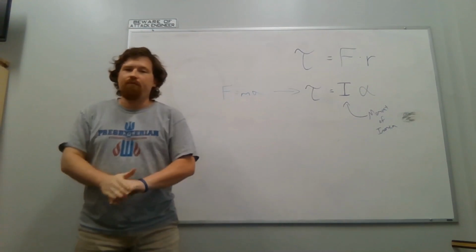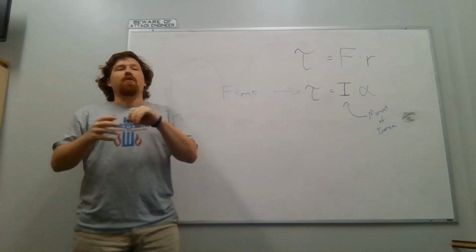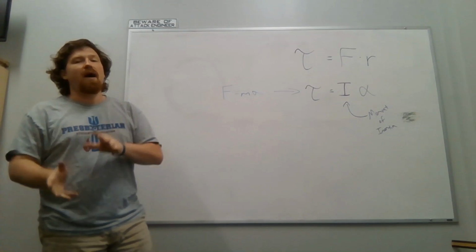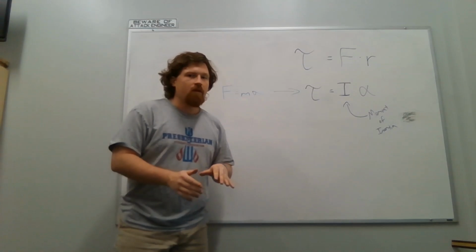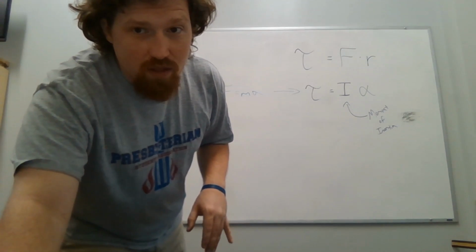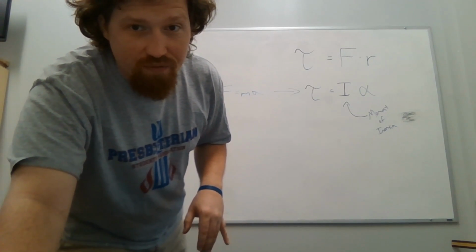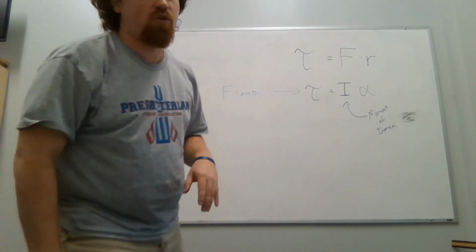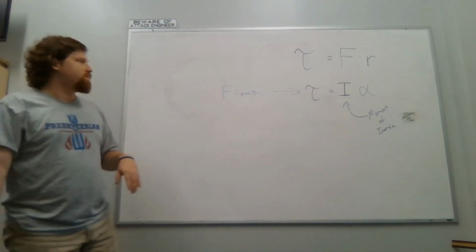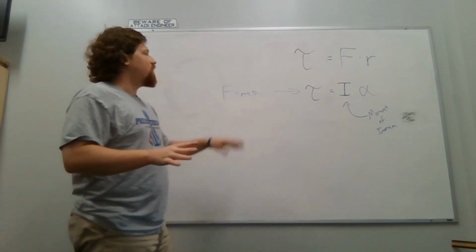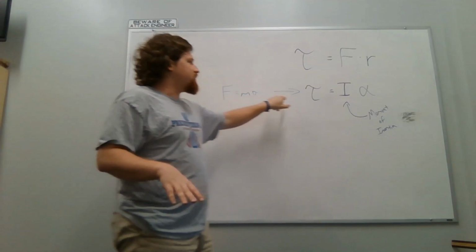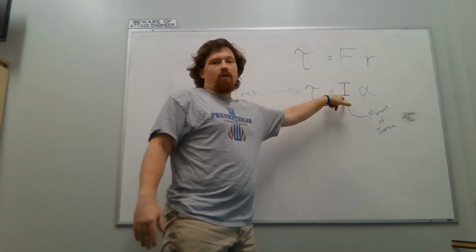In all of our sample questions, either you will be given enough information to find the moment of inertia, or you will be given the moment of inertia itself, and you'll be able to use it in the rest of the question. But the main thing that you just need to know for the sake of these formulas is that moment of inertia acts as the angular counterpart to mass.